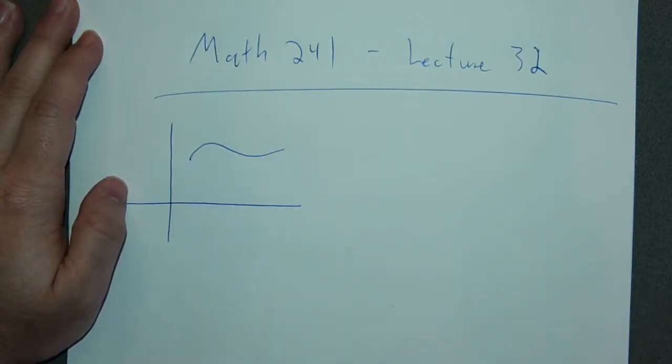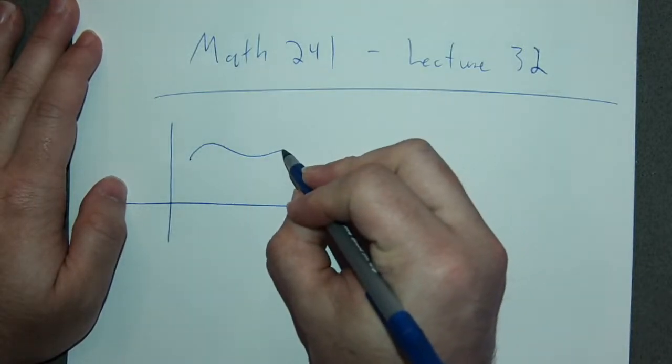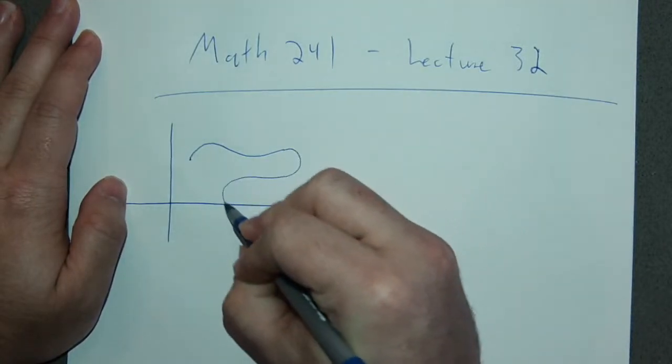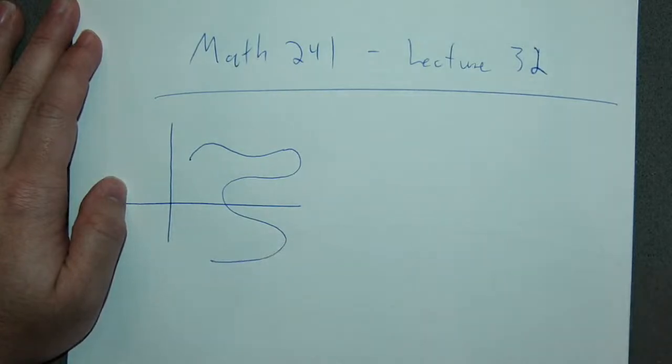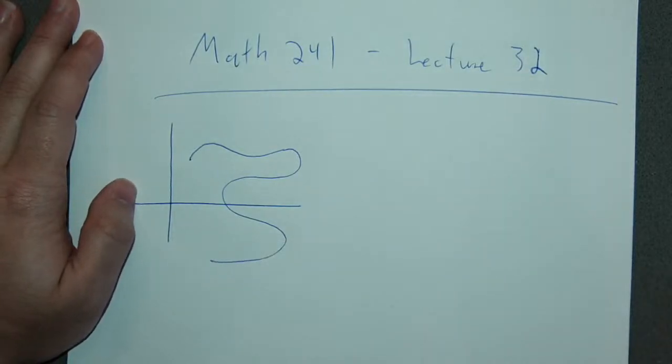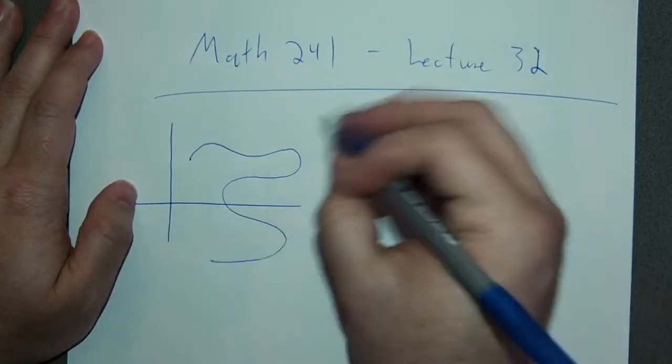Being able to describe this as a graph of a function, so that's easy. But if the curve that I want to do analysis on looks something like this instead, that's a little bit more complicated, right?